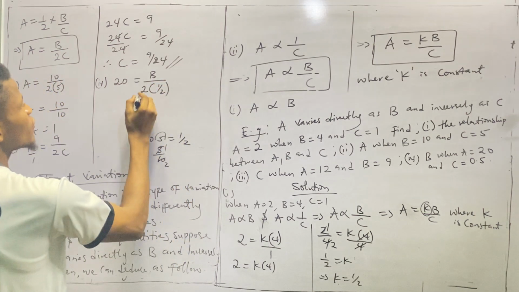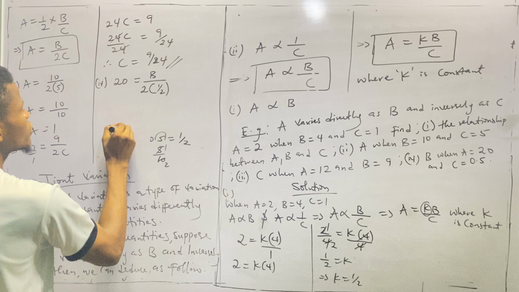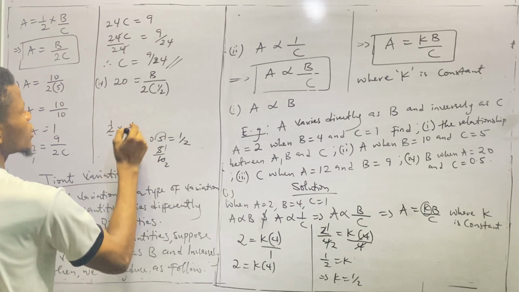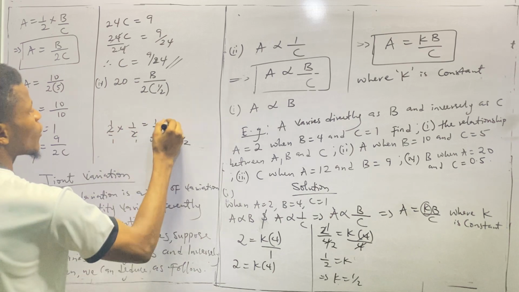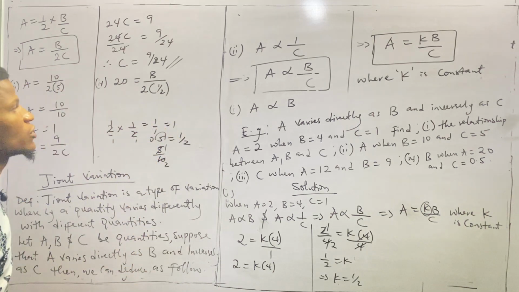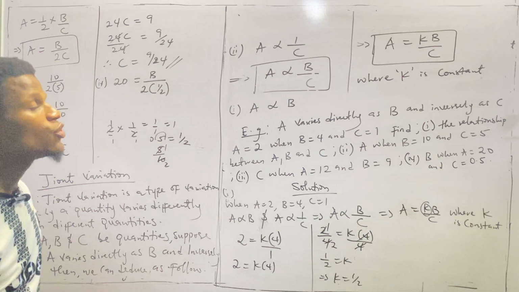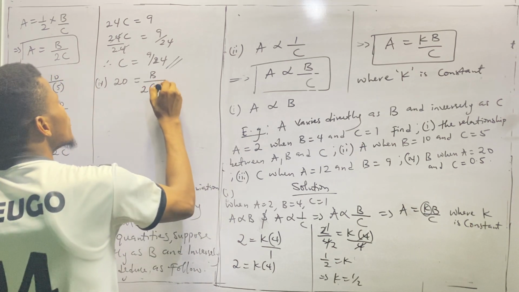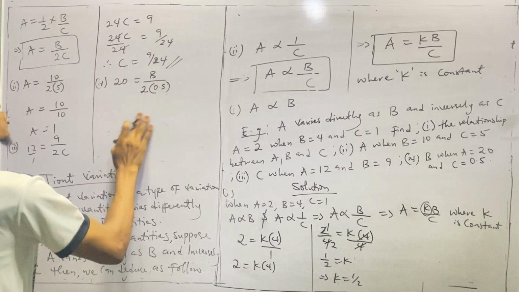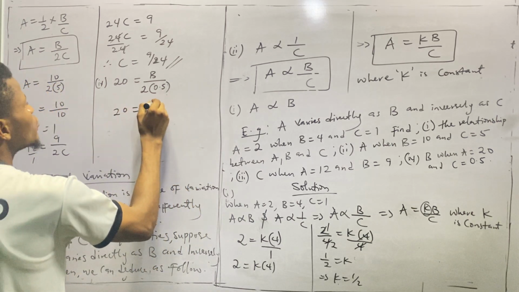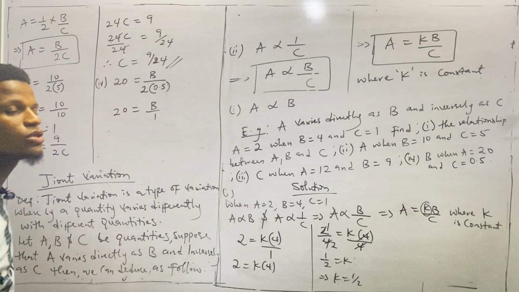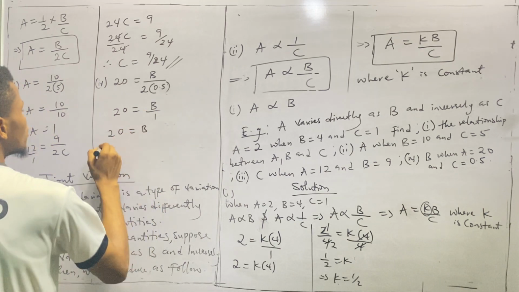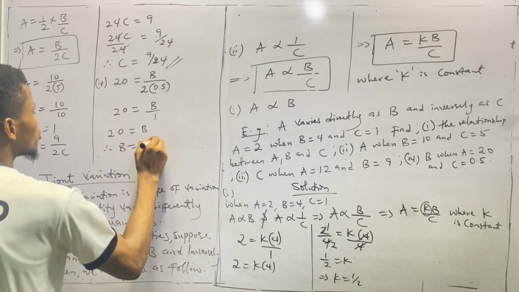Here we have 2 times half, which is 1. So 2 times 0.5 is also 1. Even if I put 0.5 here, I'll have 1. So we now have that 20 equals B over 1, which is B. So therefore our B is 20.